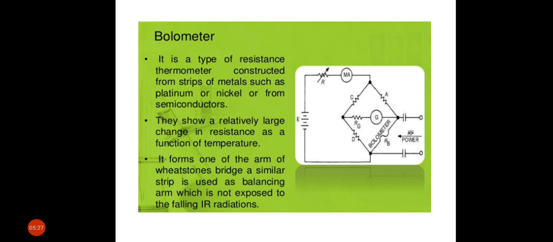It forms one of the arms of the Wheatstone bridge. A similar strip is used as a balancing arm, which is not exposed to the falling IR radiation.